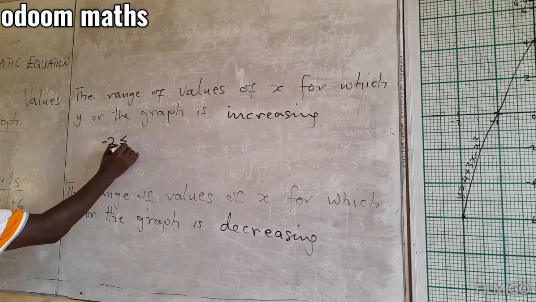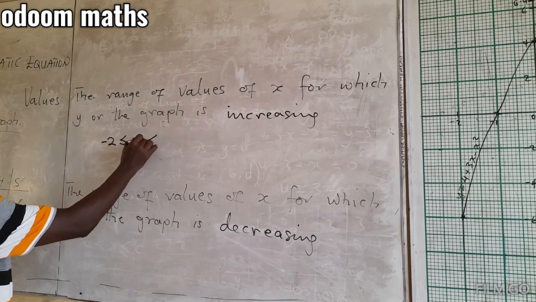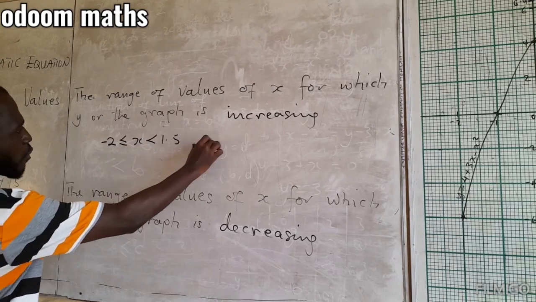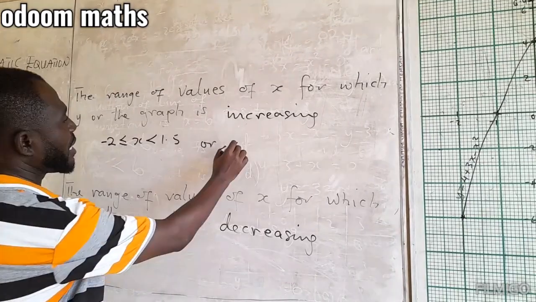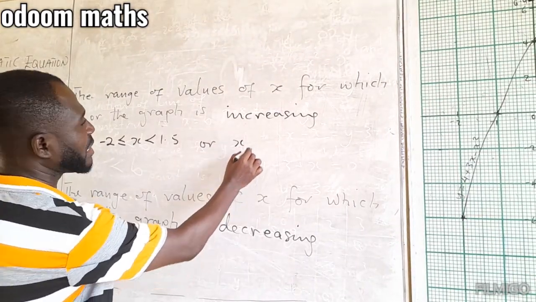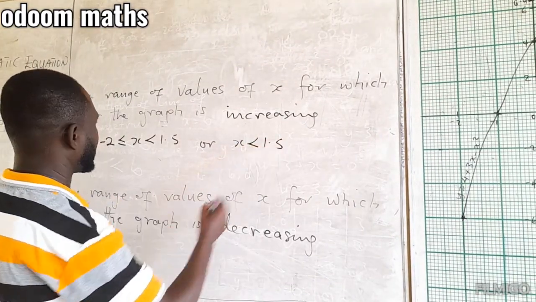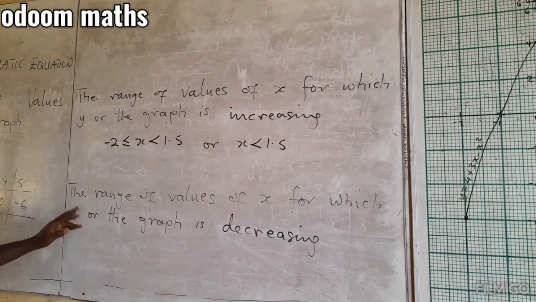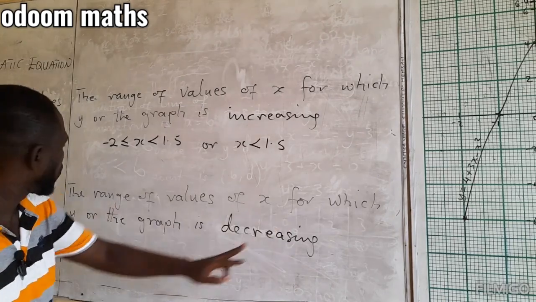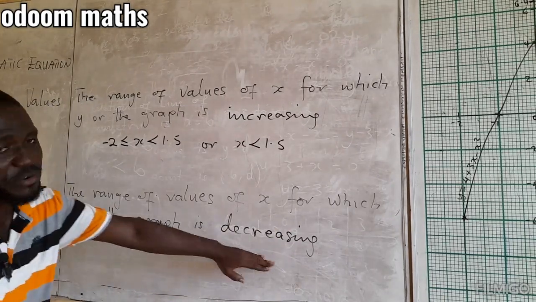So therefore, the range of values of x for which y or the graph is increasing is -2 less or equal to x less than 1.5. Or you can write x is less than 1.5. Then let's look at the range of values of x for which y or the graph is decreasing.